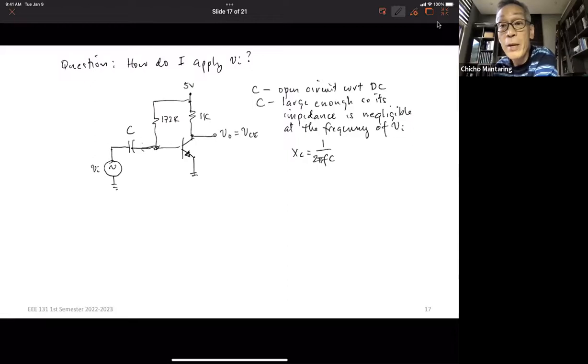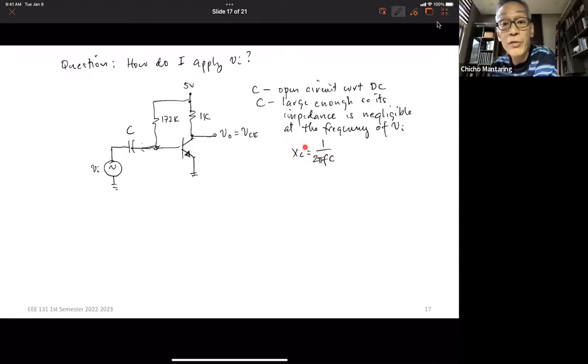At very high frequencies, your capacitor is equivalent to a short circuit, because if f is large, 1 over a large number is a small number.